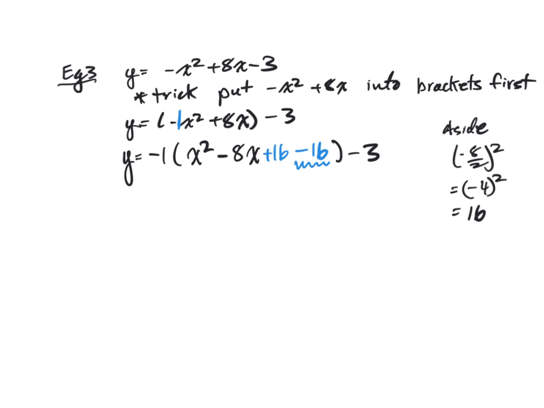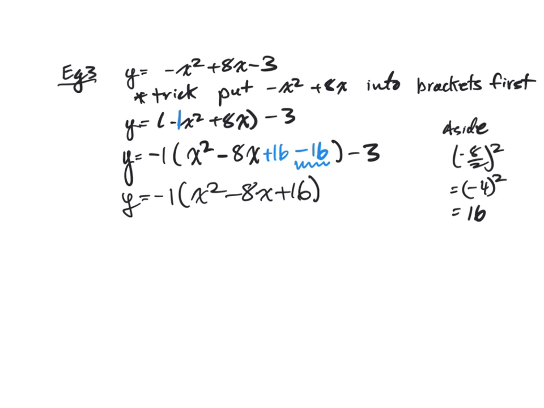So I want you to imagine what happens here. We still get y is equal to negative 1, and then we get x squared minus 8x plus 16, right? Now, imagine that we need to take this 16 and bring it outside.